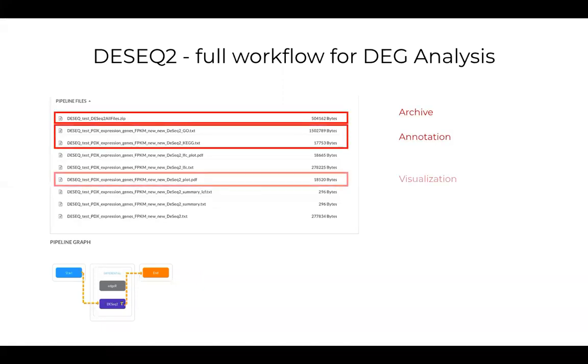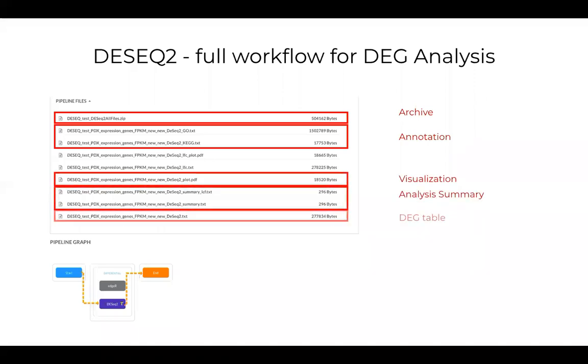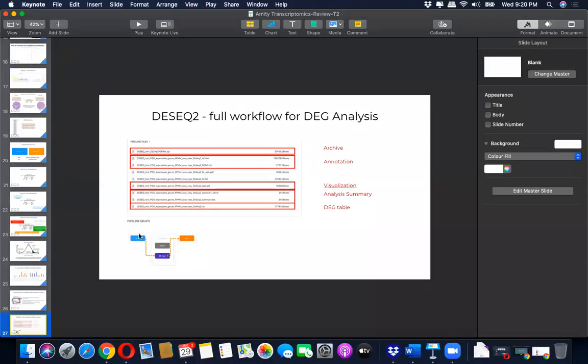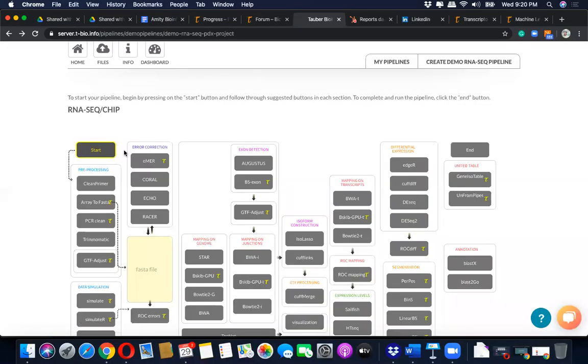You get annotation information, visualization information, and differentially expressed genes and a table of those. So let us go back and quickly do this pipeline today.